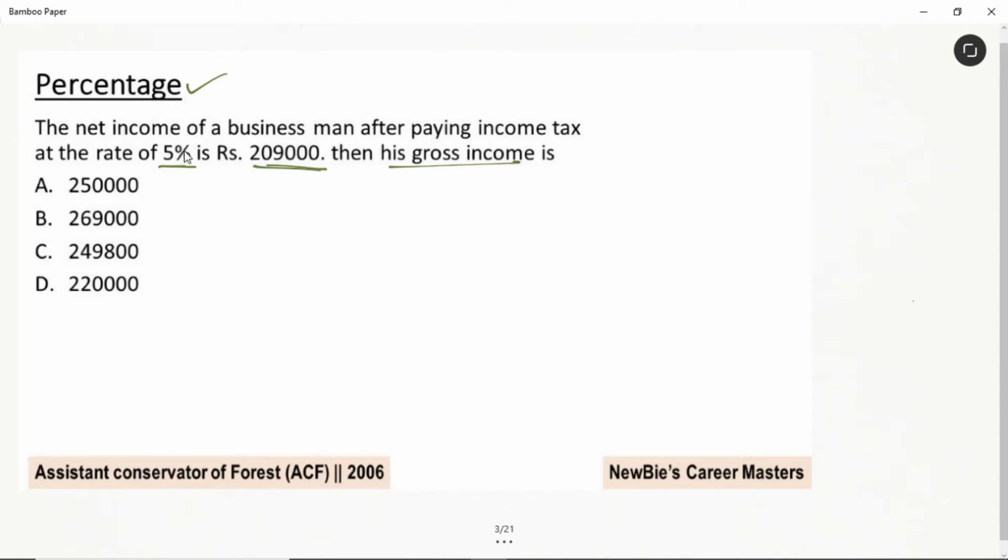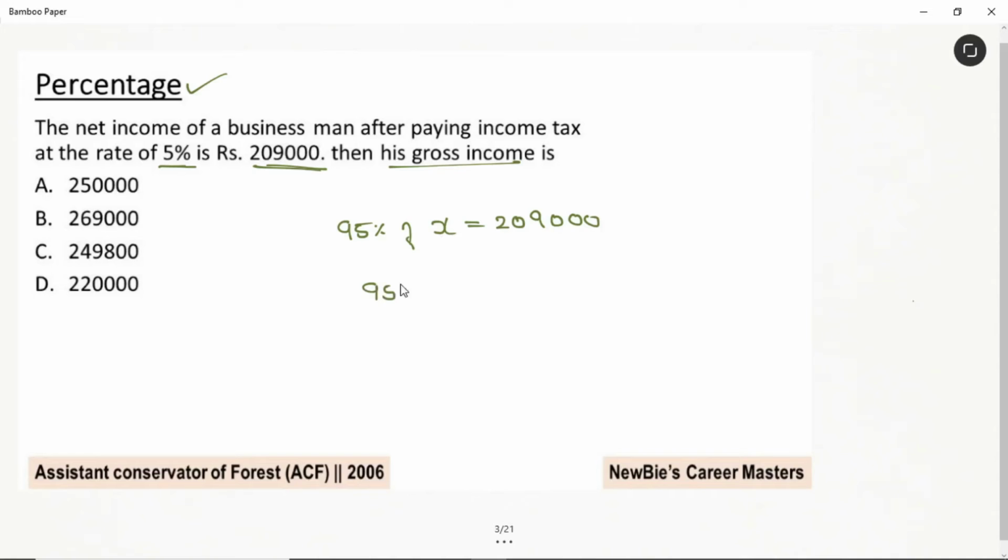See, he has paid 5% for the tax. Then this value represents 95% of his total income. Am I clear? So 95% of his total is 2,09,000. Then what is the total value? Very simple question.